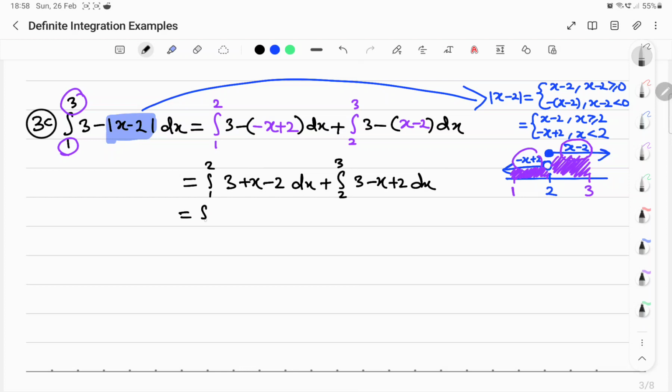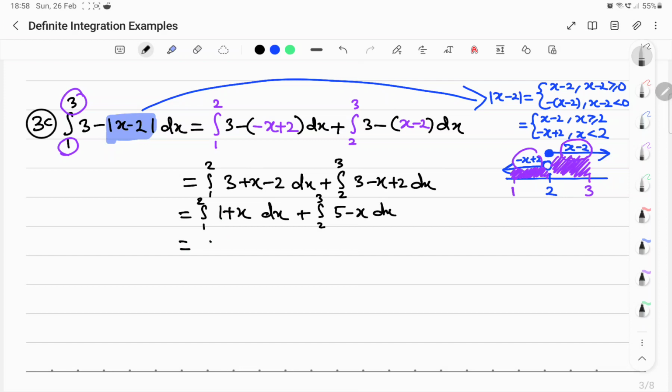And then what we have here is 3 minus 2 is 1 plus x, and then plus the integral from 2 to 3 of 5 minus x dx. Remember, there are two different integrations with different intervals, so do not mix them up.